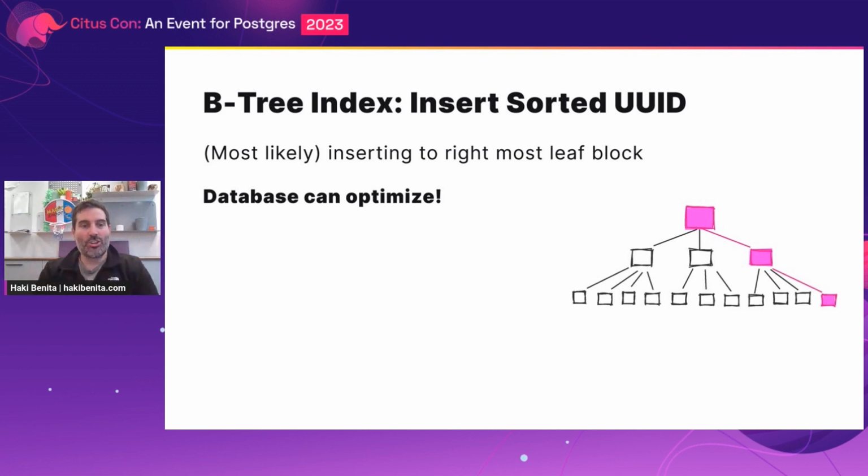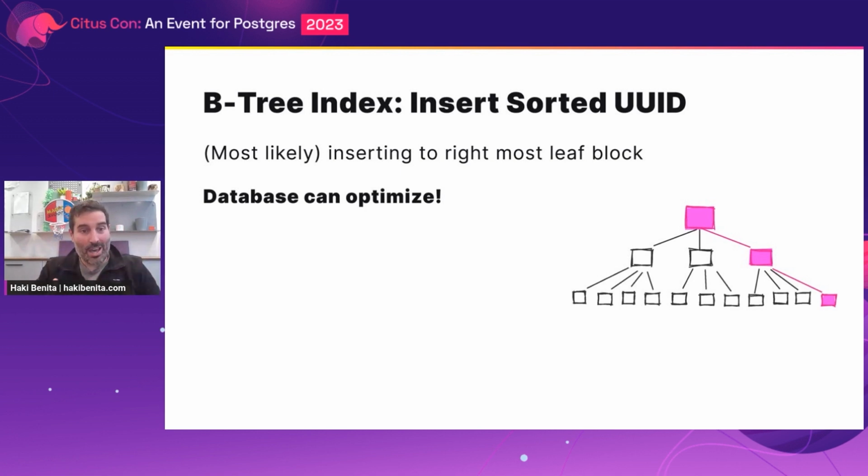So when we insert new UUIDs into the table, these UUIDs are prefixed with the current time, which means that they are most likely going to be slowly incrementing, okay? So the rightmost leaf block in the B-tree index contains the maximum value. So as we insert more rows into the table, these rows are most likely slowly incrementing, right?